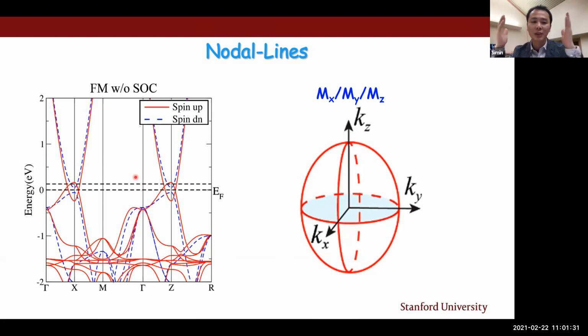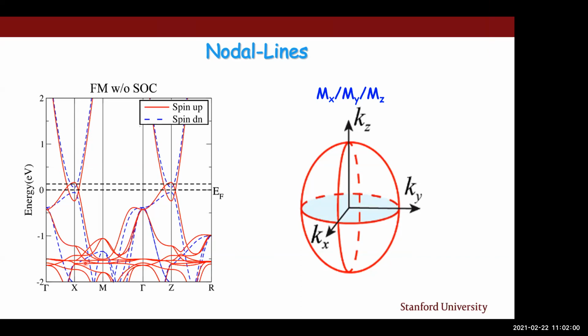So there's a semimetal, and for the spin up and spin down states, the semimetal is different. You can see for the spin up, f orbitals are occupied, located at maybe minus 1.5 eV, and the spin down f orbitals are unoccupied. They are far away from the Fermi level.